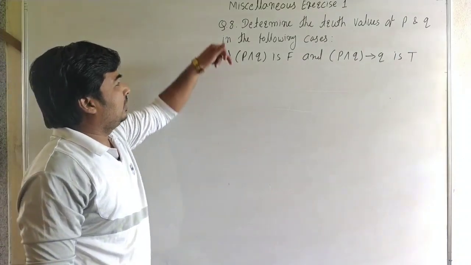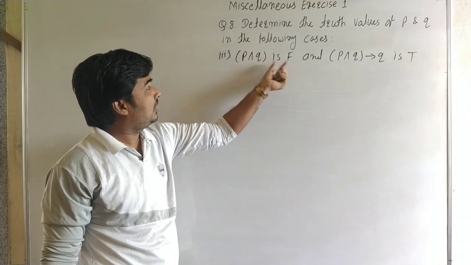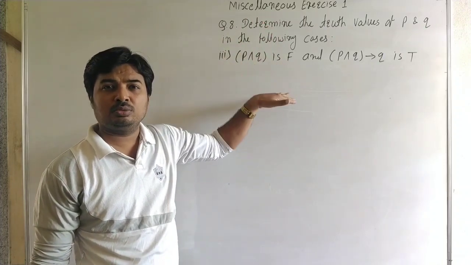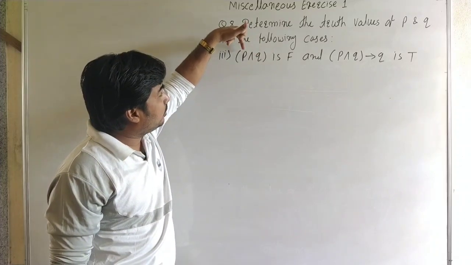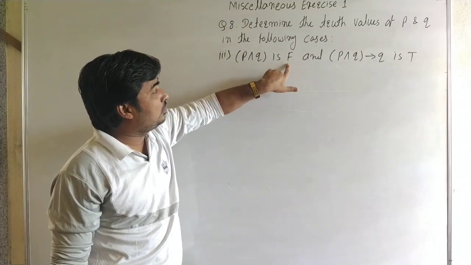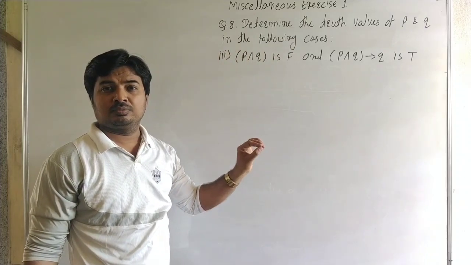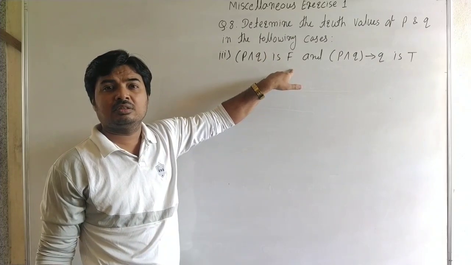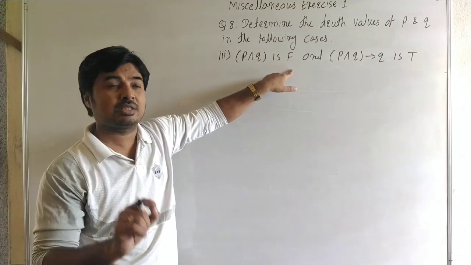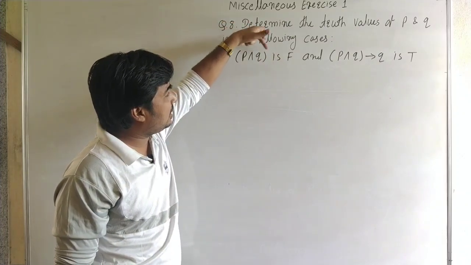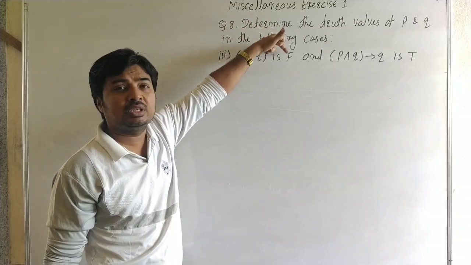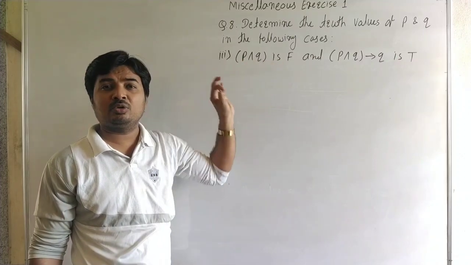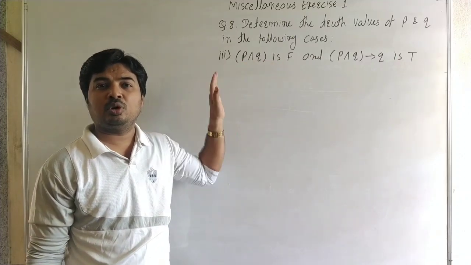Now here P and Q is false. In AND there is only one possibility that is true, that is, both are true, then the result is true. Therefore the truth value is false in the three other possibilities. If at least one is false, then the conjunction is false: true and false is false, false and true is false, false and false is false. That means from this first condition we cannot say directly the truth value of P and Q.